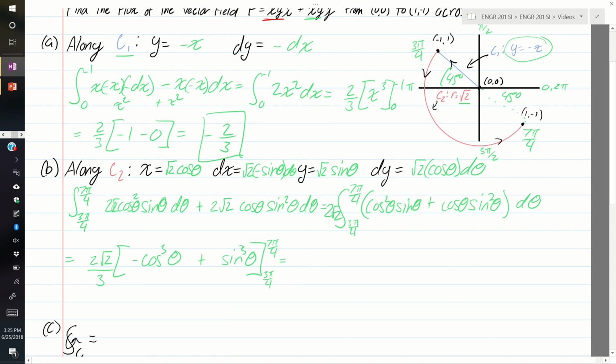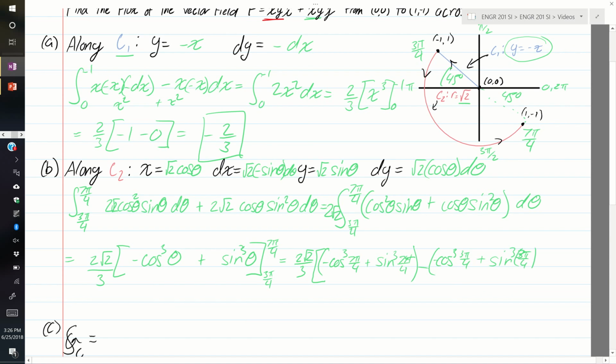So then we have to evaluate it for each of these. So 2 square root 2 over 3 times negative cosine cubed of 7 pi over 4 plus sine cubed of 7 pi over 4, make that parentheses on the inside, minus negative cosine cubed of 3 pi over 4 plus sine cubed of 3 pi over 4.